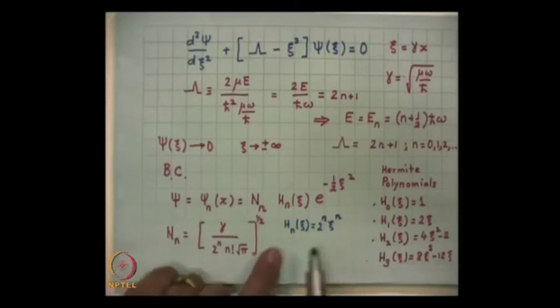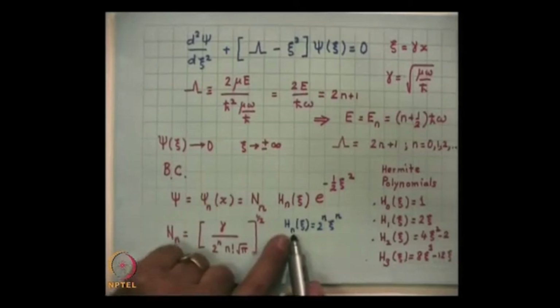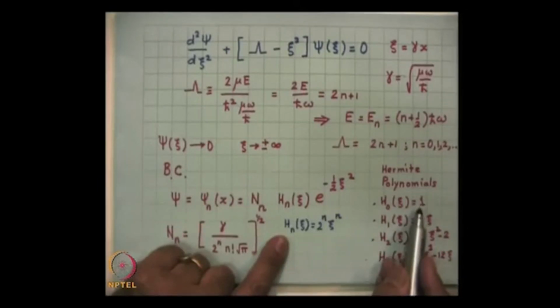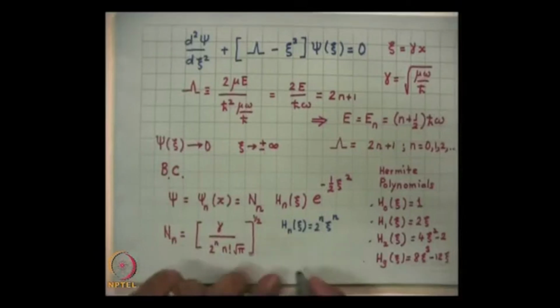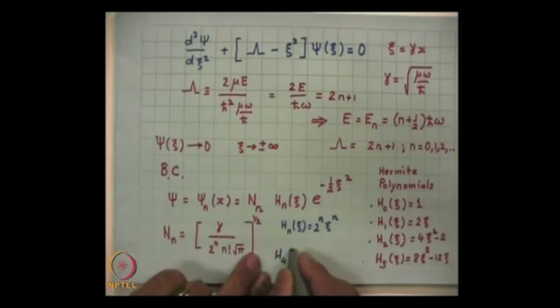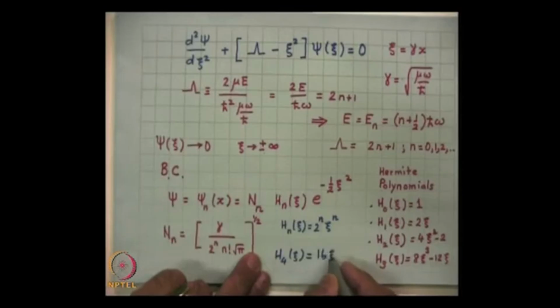So, please see this: for n equal to 0, 2 to the power of 0 is 1, for n equal to 1, this is 2, for n equal to 2, this becomes 2 to the power of 2, so 4 xi square, for n equal to 3, this becomes 8. For H 4 of xi, for example, you can write down immediately that the first term will be 16 xi to the power of 4, and so on.